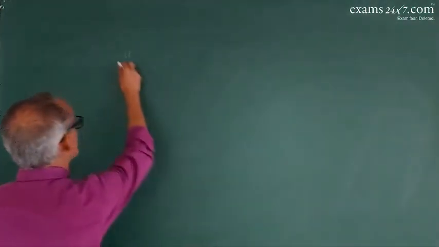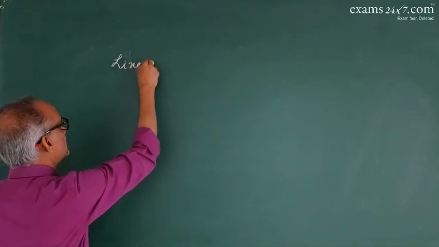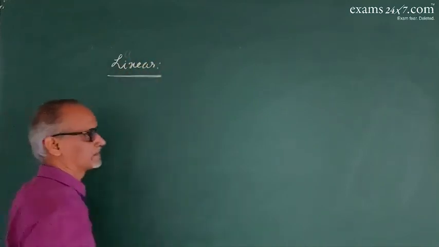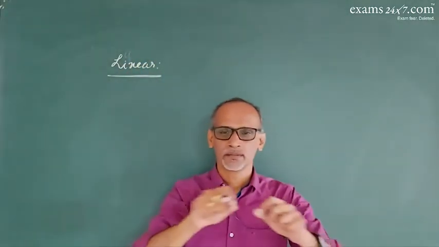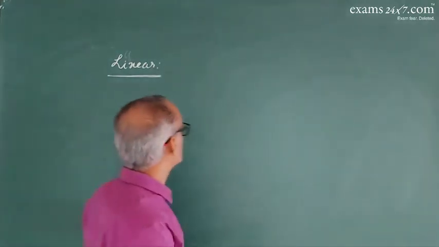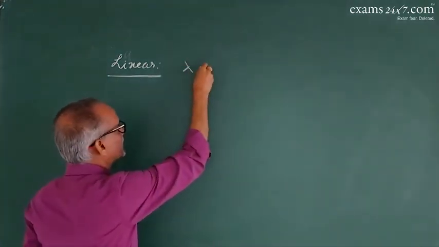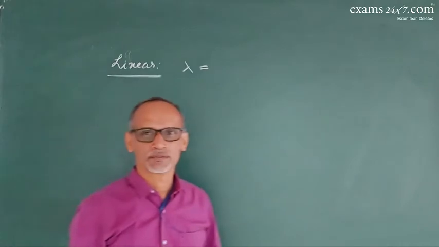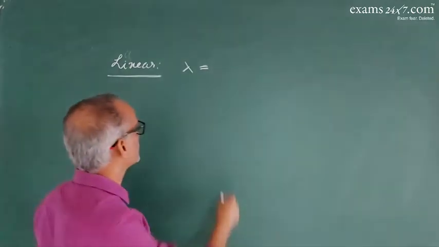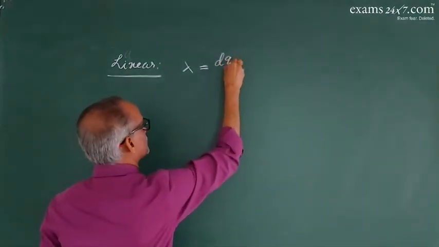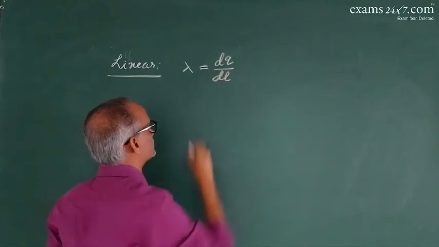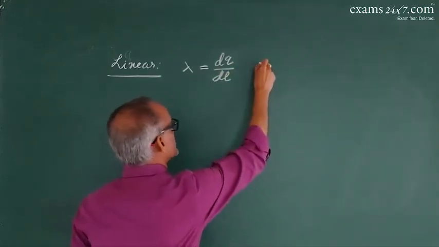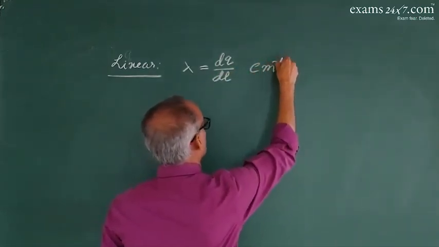In the case of a linear conductor, a straight thin wire, we measure the linear density of charge, which is denoted by lambda and is given by charge per unit length, that is coulomb per meter.